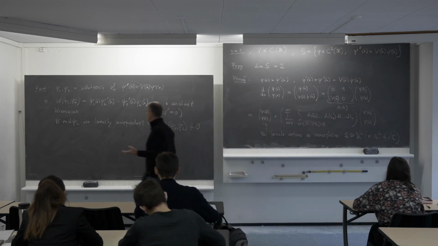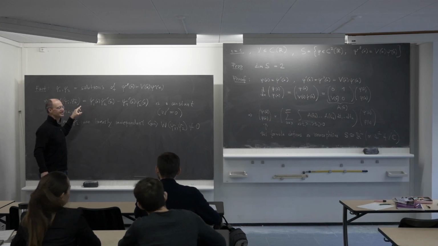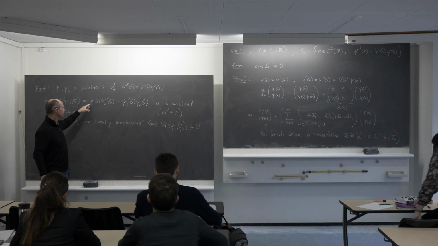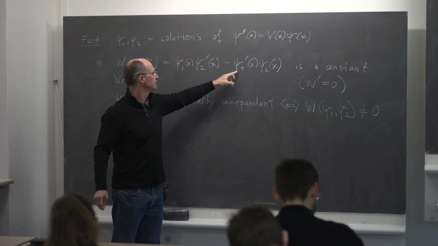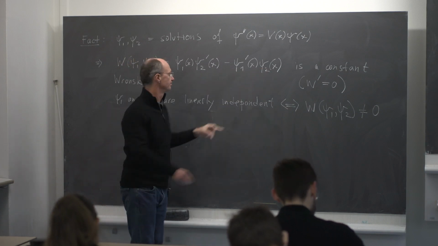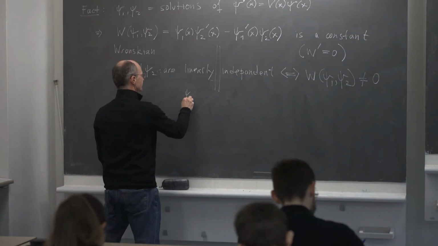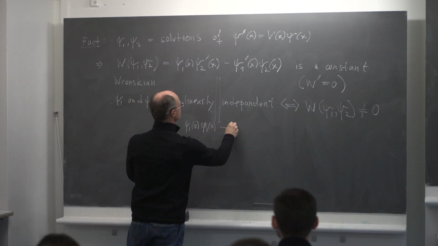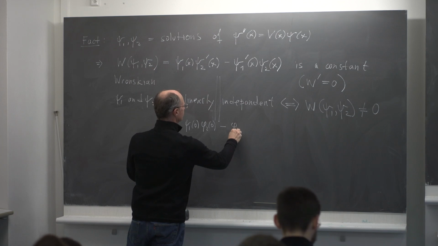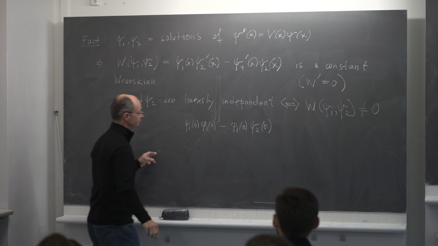So this expression, using psi 1, phi 2 minus phi 1, psi 2, is equal to psi 1 of 0, phi 2 of 0 minus phi 1 of 0, psi 2 of 0.